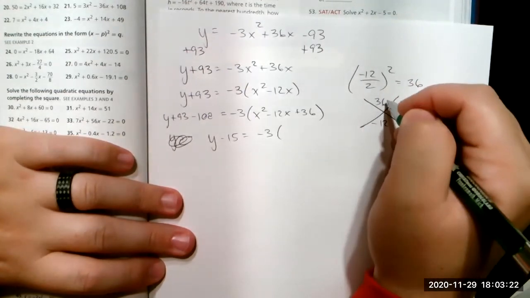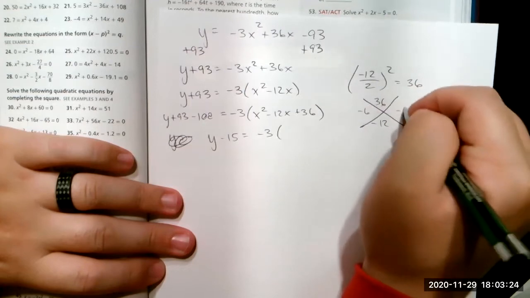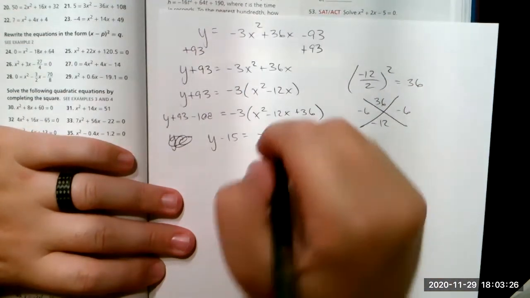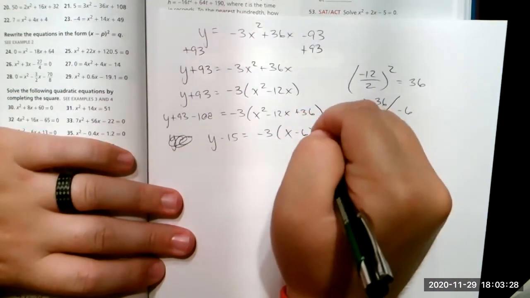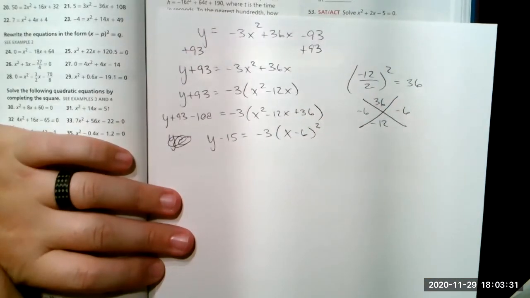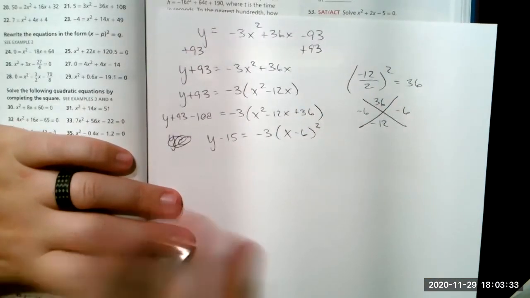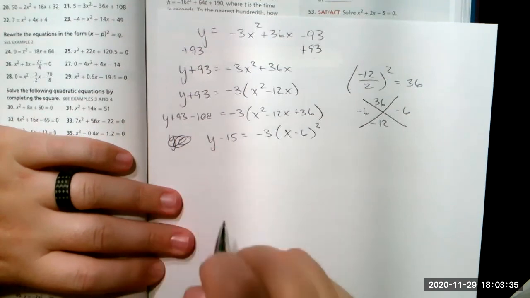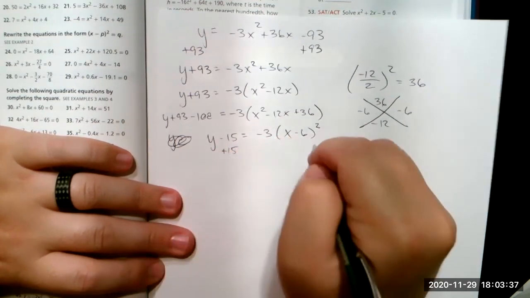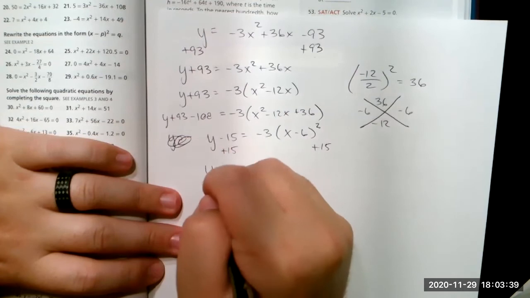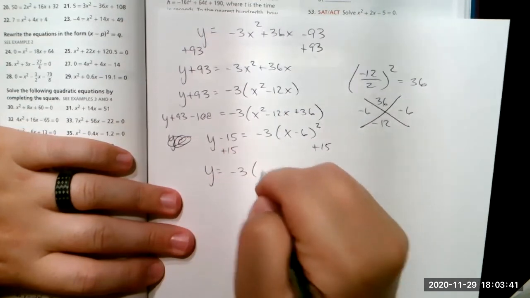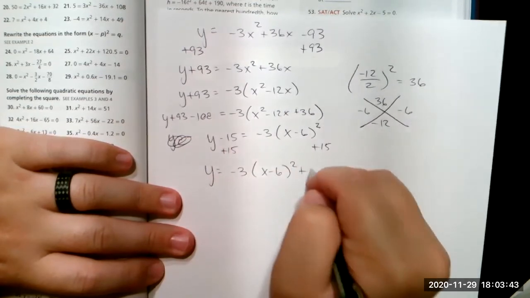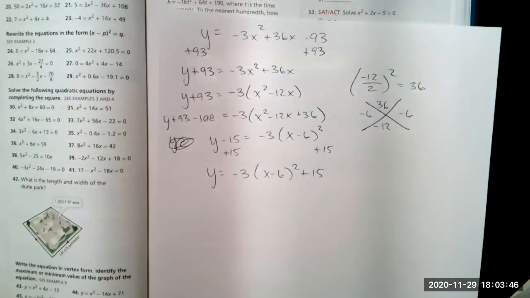Two numbers that multiply to 36 but add to negative 12 are negative 6 and negative 6. So it's going to be x minus 6 squared. So to kind of set this up in factored or in vertex form, I'm going to go ahead and add 15 to both sides. So I'll have y equals negative 3 x minus 6 squared plus 15.